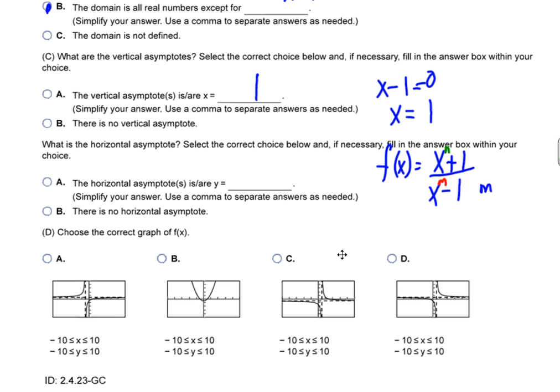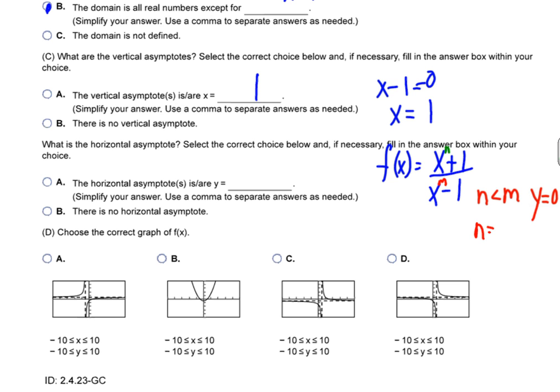The rule says that if n is less than m, the horizontal asymptote is y equals 0.